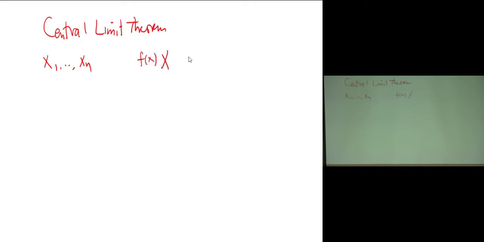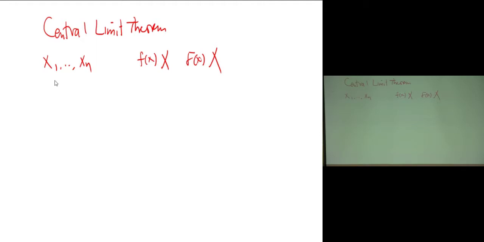This is a must. You have to know the central limit theorem. What does it say? It says that if you have a random sample taken from a population for which you may not have any idea what the distribution is, that means we don't know f of x, we don't know this.